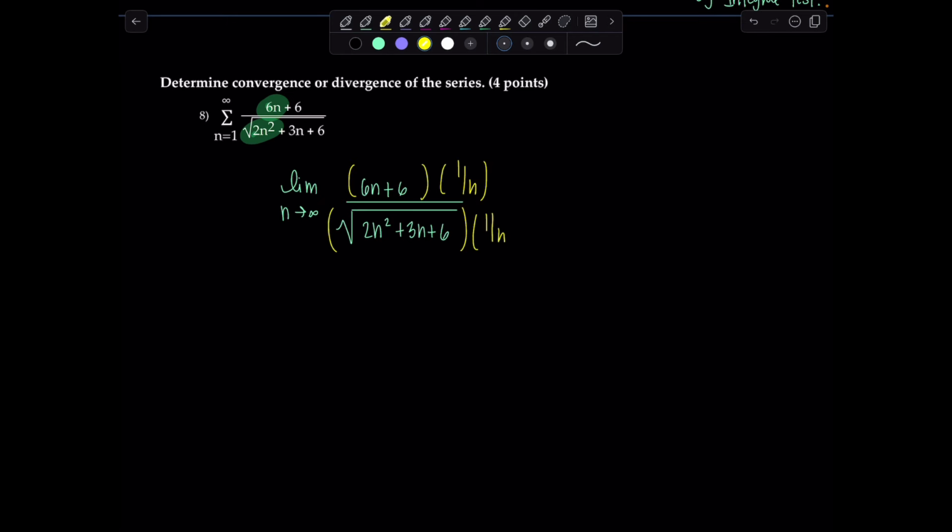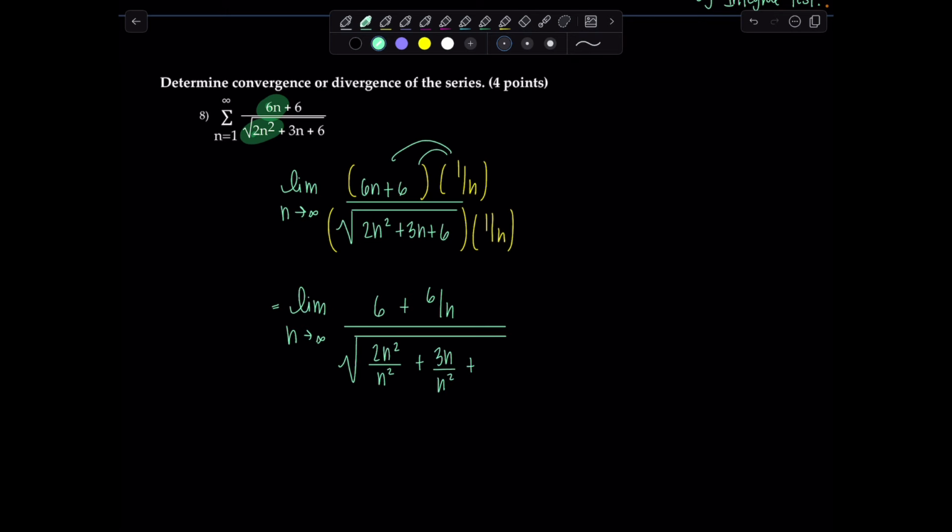Now remember, when you put 1 over n underneath a radical, and it wasn't originally under a radical, it becomes 1 over n squared. So I'll write all that out for you. We're going to distribute, so we have 6 plus 6 over n, and then underneath the radical, don't forget, this is going to be 2n squared over n squared, you have to square it, plus 3n over n squared plus 6 over n squared.